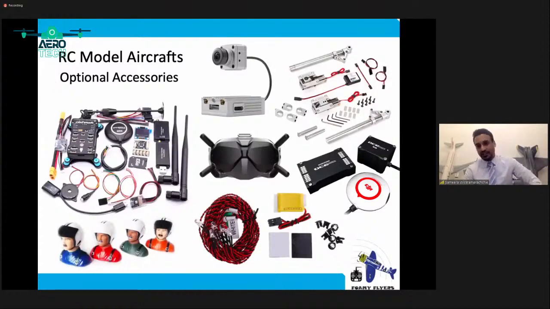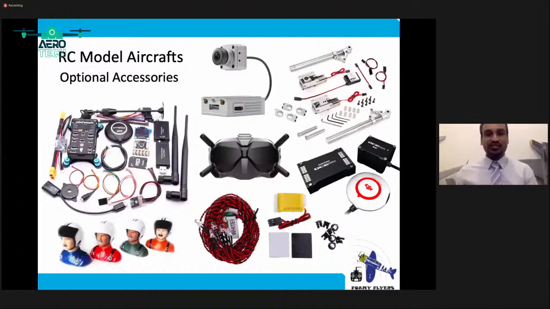As I was saying, you can even install lights like landing lights and navigational lights to make the appearance of the particular aircraft much nicer. If you go further, you can even have autopilot systems and data transmitting systems, the camera, FPV systems.